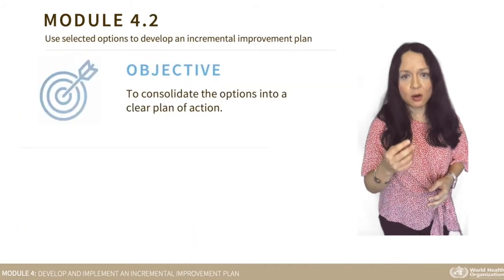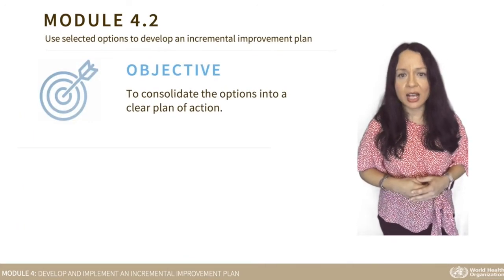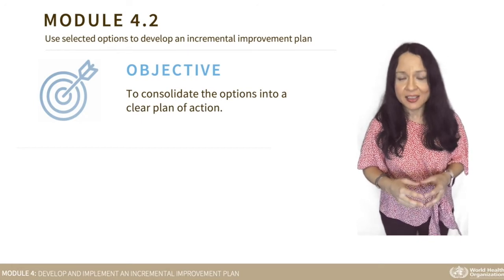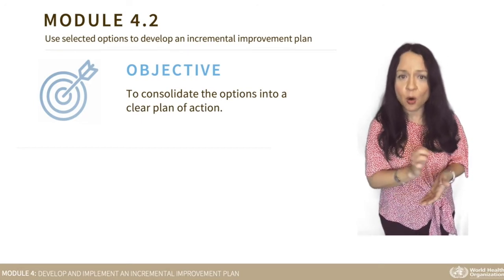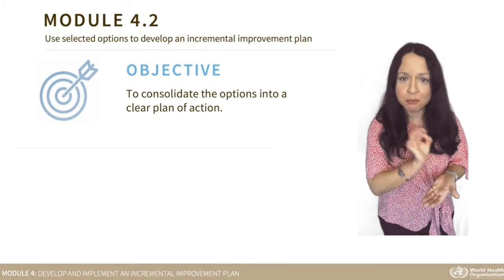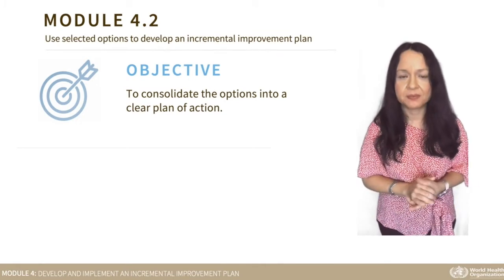In Module 4.2, once the most appropriate control measures for each risk have been identified, the SSP team can record the planned new and improved controls in an improvement plan.